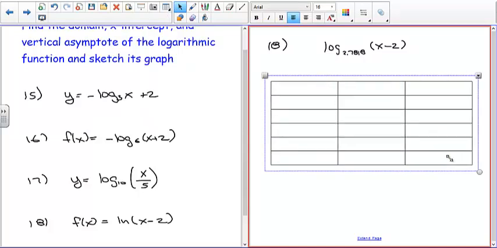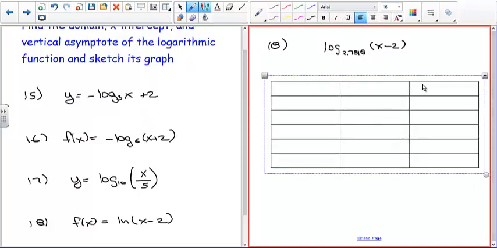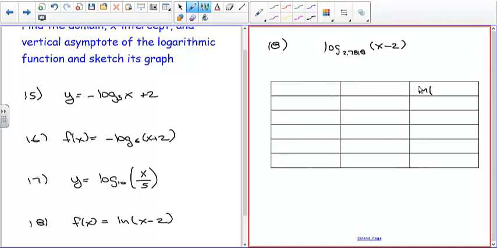The result here, the natural log of x minus 2, we want to be -2, -1, 0, 1, 2. So we have x minus 2, and then we want x. Ultimately we want to plot x versus f of x, which is the natural log of x minus 2.